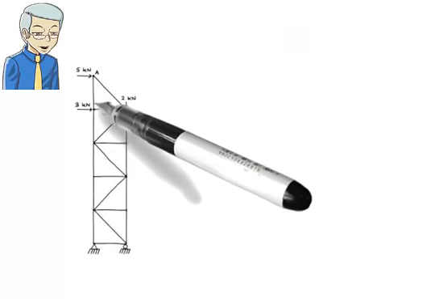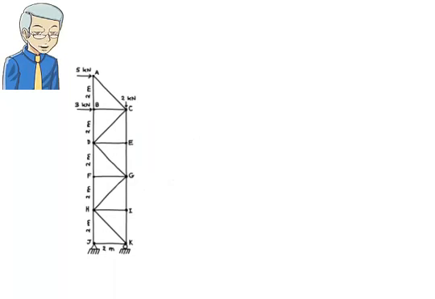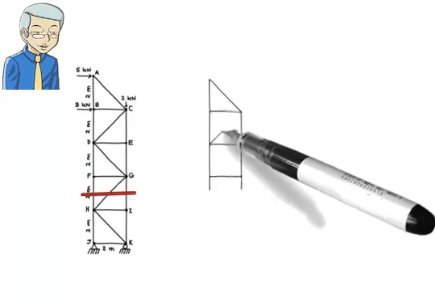Before we conclude this session, let's complete the solution for example 2. Here is the truss. We wish to determine the force in members GI and DF. To find FGI, we cut the truss like this. The free body diagram for the top part of the structure looks like this.